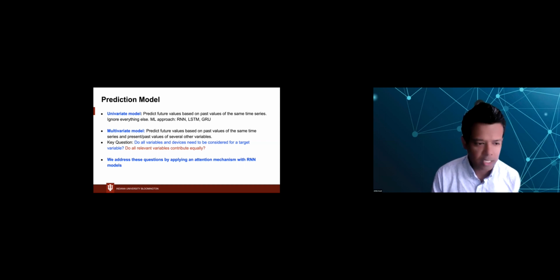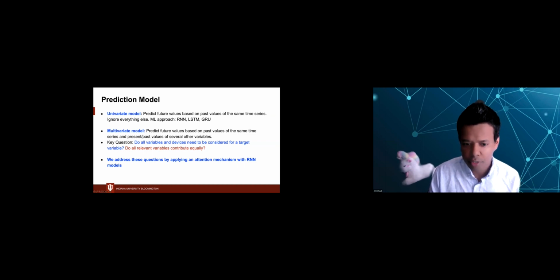In the multivariate setting, the key question is, do all variables and devices need to be considered for a target variable? Meaning that if we use all the available data in a system to predict something, the prediction may or may not be good, because there will be a lot of noise and some of those things are not relevant for the prediction of a target variable. And also, do all relevant variables contribute equally?